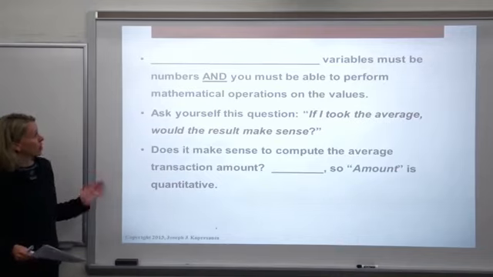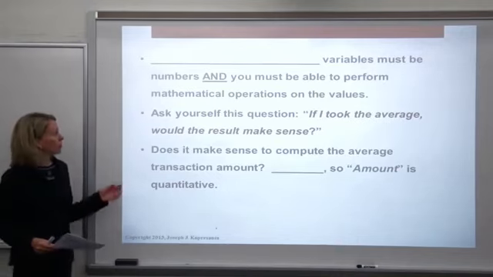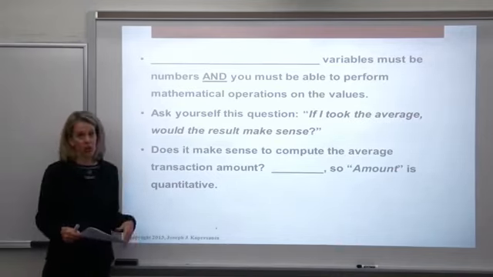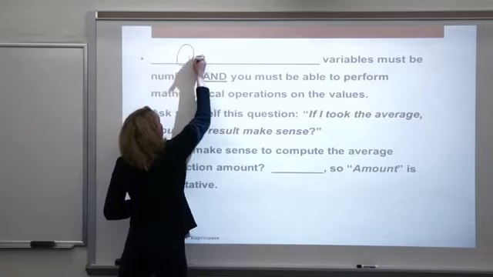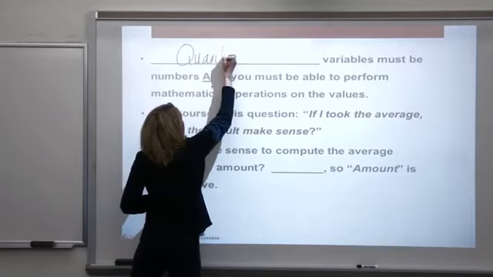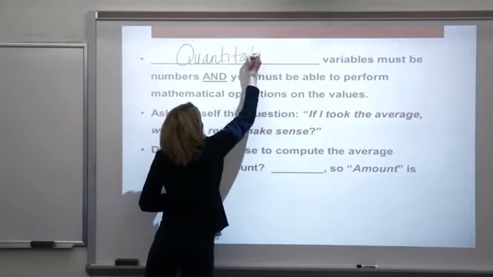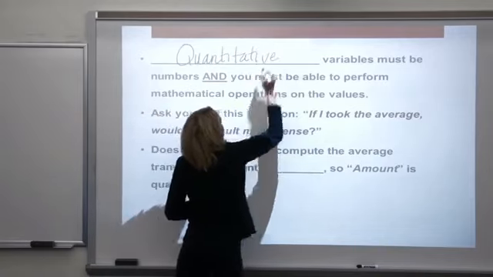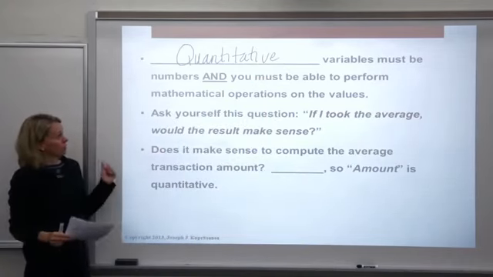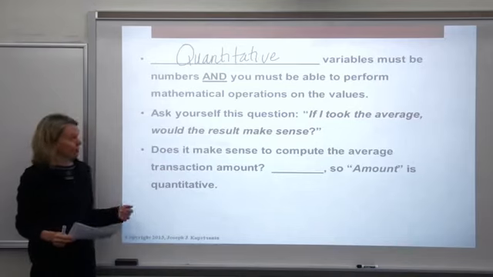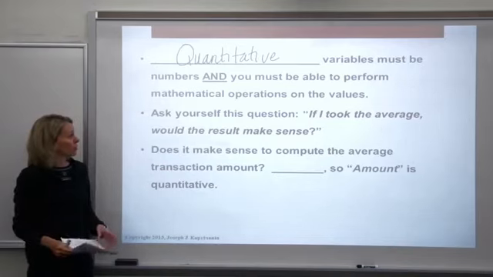The variables that are numbers, that you're also able to perform mathematical operations on, we call these quantitative variables. And for quantitative variables, it's not just that they're a number. They're a number, and you can perform mathematical operations with those values.